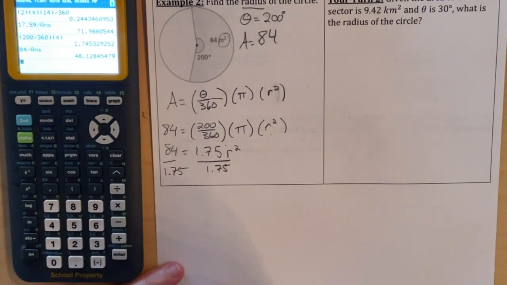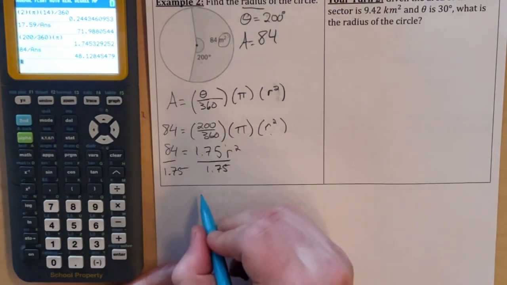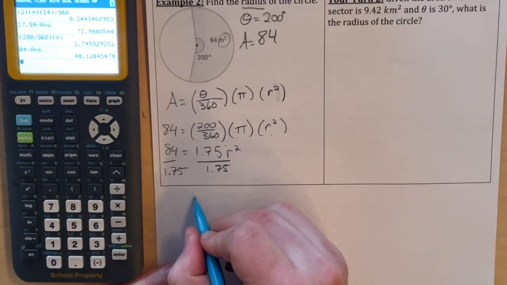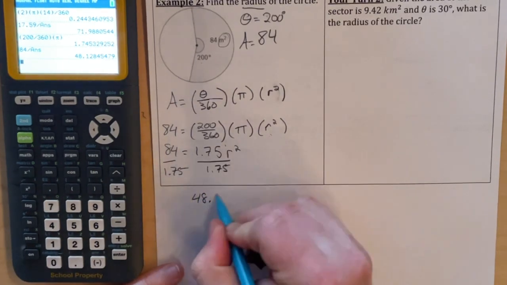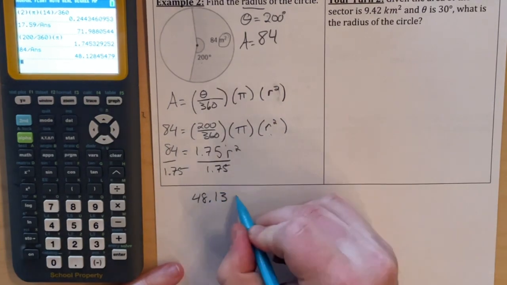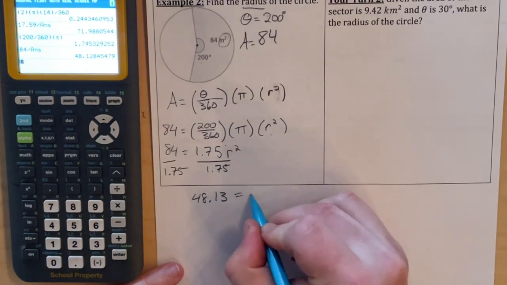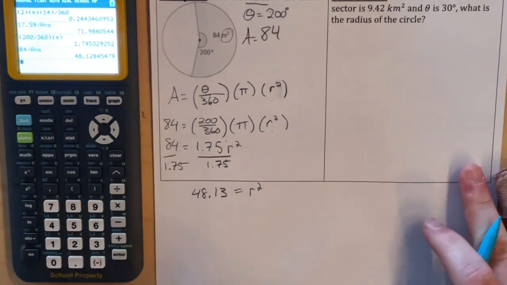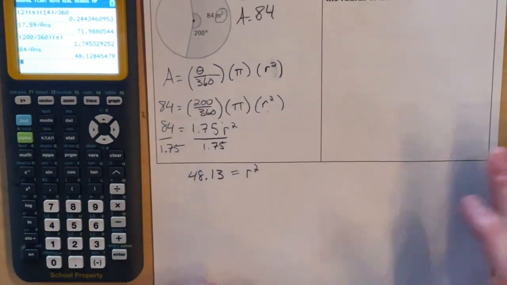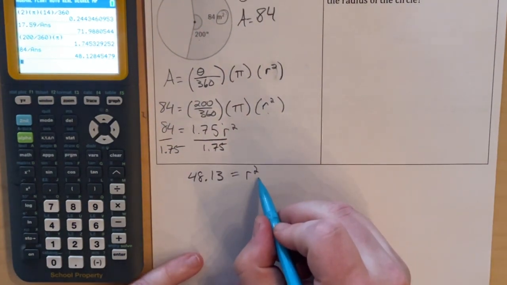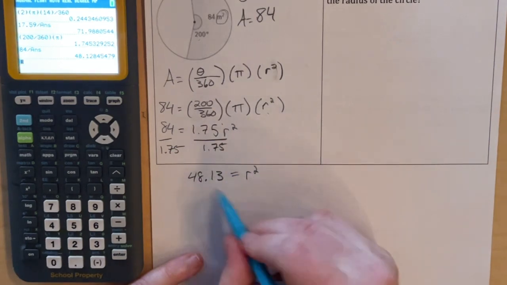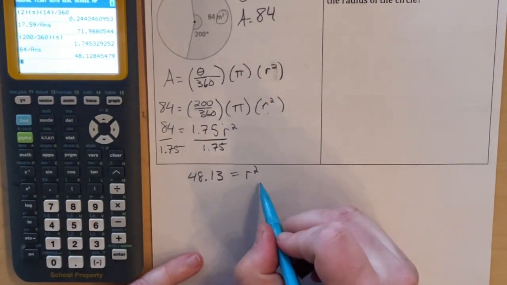So our next line here is going to be 48.13, and we're going to say that's equal to radius squared. So make sure, again, your answer should not be 48, because what's that last step that we have to do?